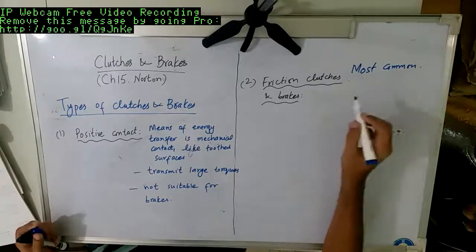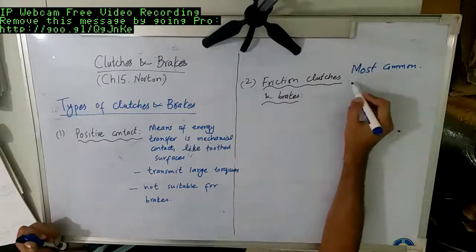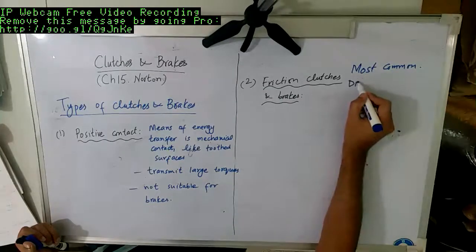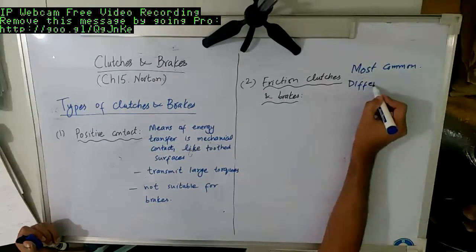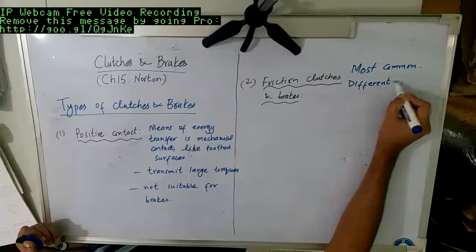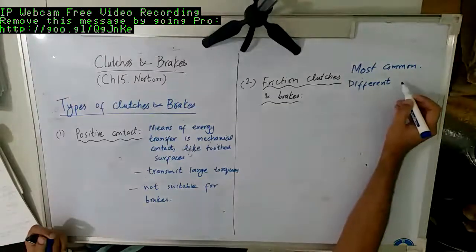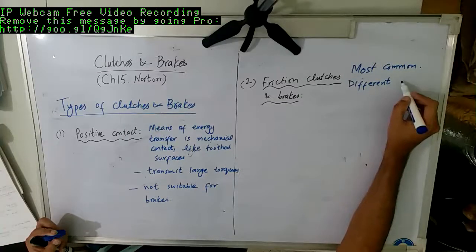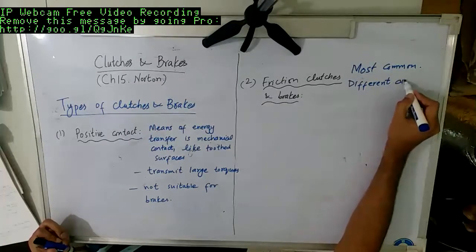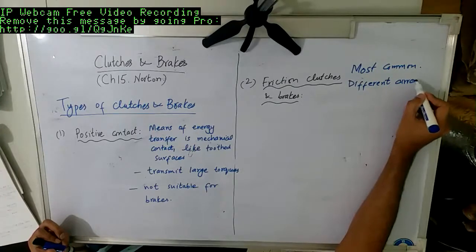And these also come in different arrangements. So we will see some of the arrangements here. This is the second figure on page 7 of the handouts. So you can see a friction clutch there.